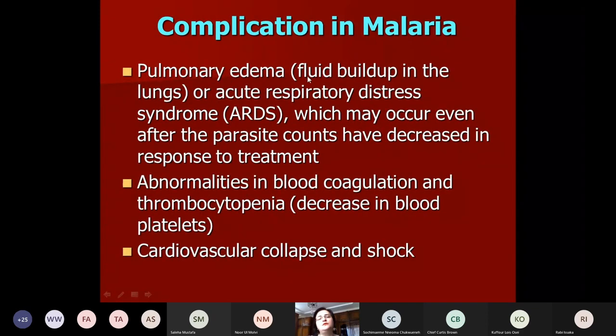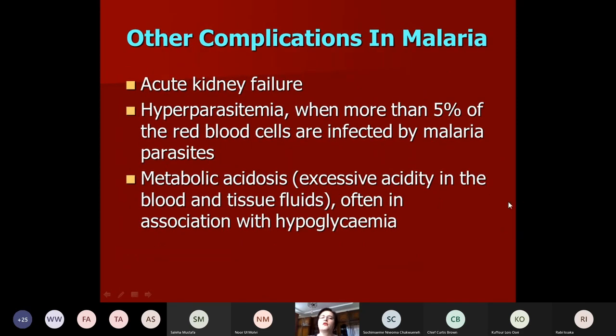Pulmonary edema, fluid build-up in the lungs, or acute respiratory distress syndrome may occur even after the parasite counts have decreased in response to treatment. Also abnormalities in blood coagulation and thrombocytopenia, cardiovascular collapse and shock. What else can be? Acute kidney failure, yes, also due to blackwater fever.